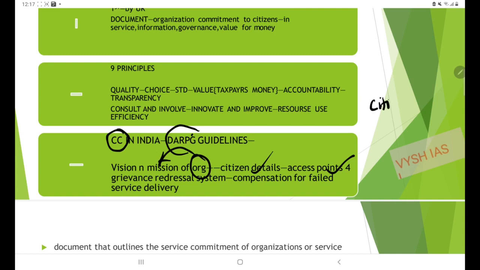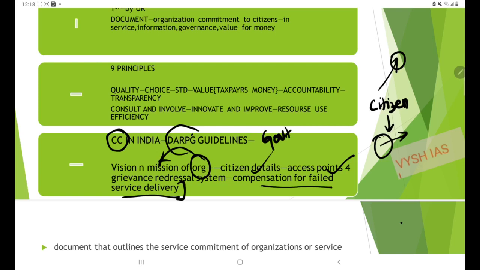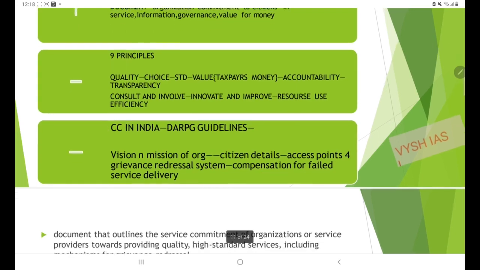So the citizen should be aware where I can go so that my grievance redressal gets done. Which department should I go to? Which is the police station under the jurisdiction of my area? And compensation for failed service delivery is also to be taken care of. So these are the guidelines from the government department itself. Whenever an organization is framing a citizen charter, these things should be kept in mind.